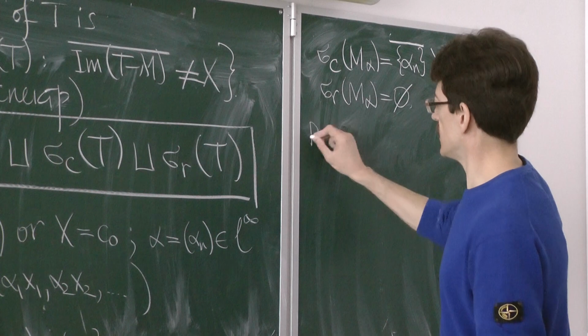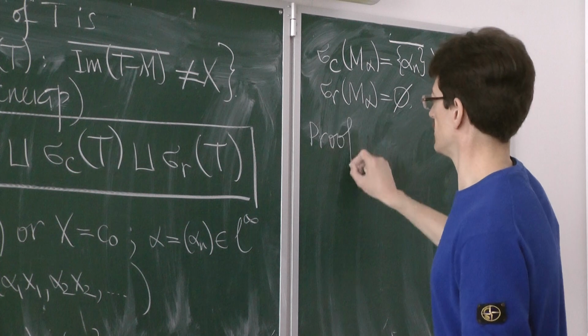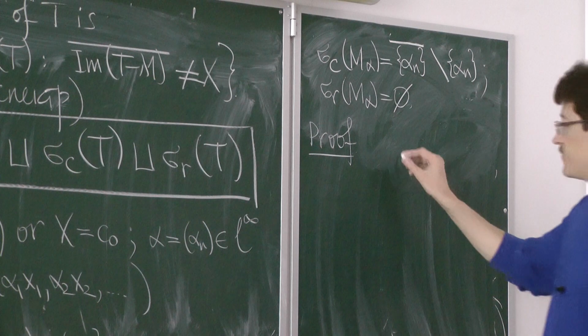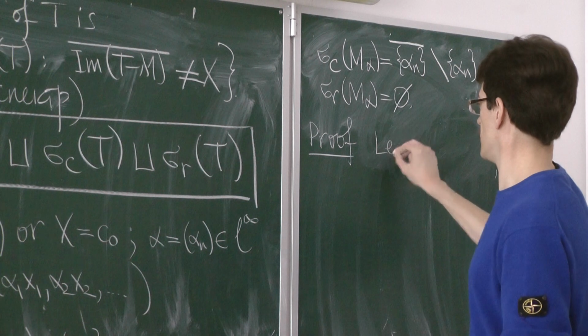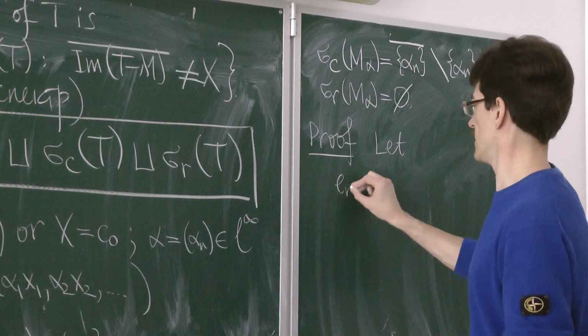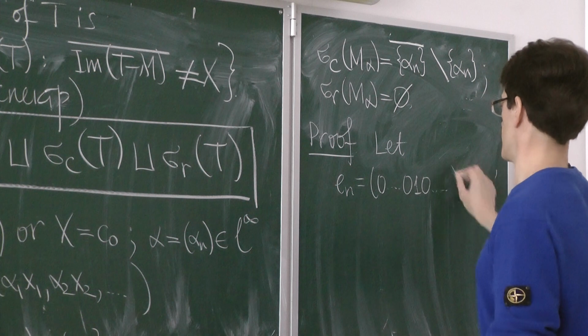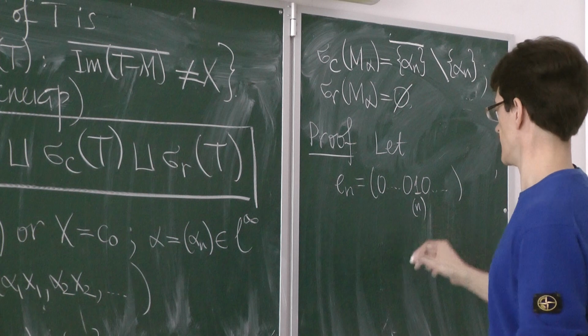Okay, so let's now try to prove this result. For each n, let's denote by e_n the following sequence, with 1 at the nth slot and 0 elsewhere.